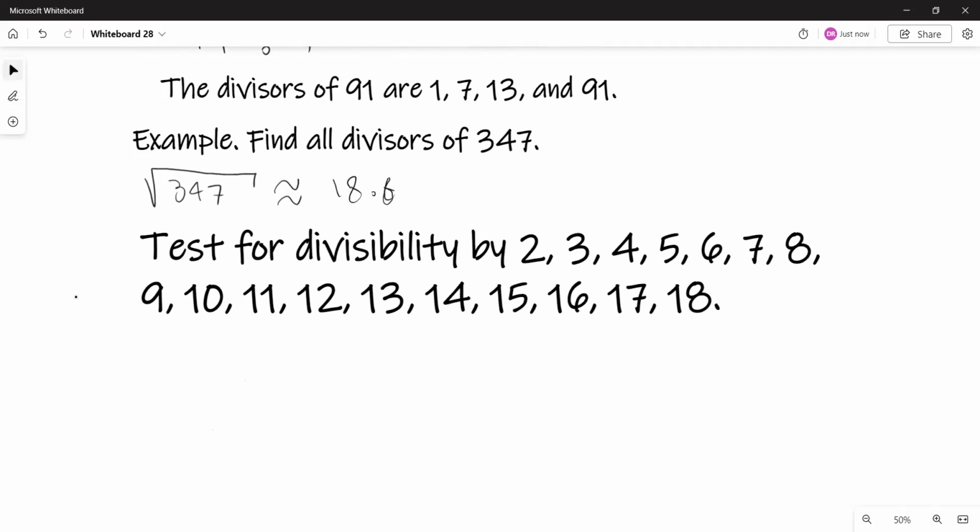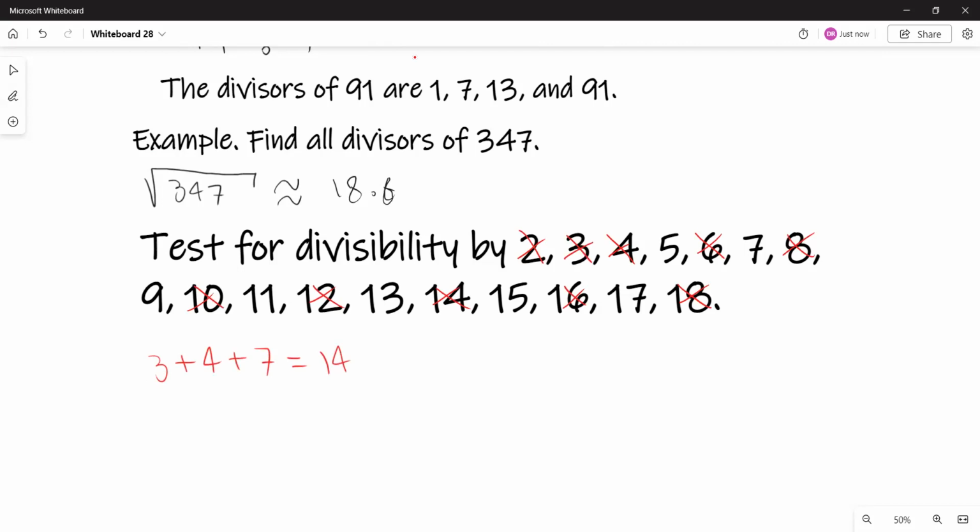Okay, the last digit is 7, so 347 cannot be divisible by 2. And if it's not divisible by 2, it cannot be divisible by either 4, 6, 8, 10, 12, 14, 16, or 18. Then the sum of the digits is 14, so it cannot be divisible by 3.